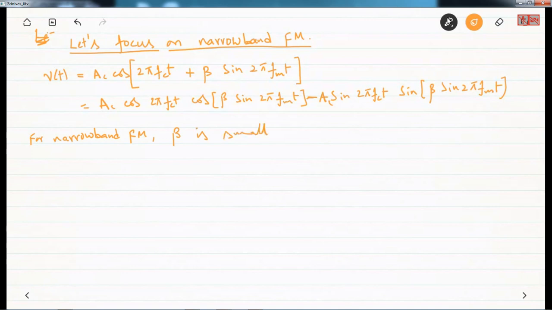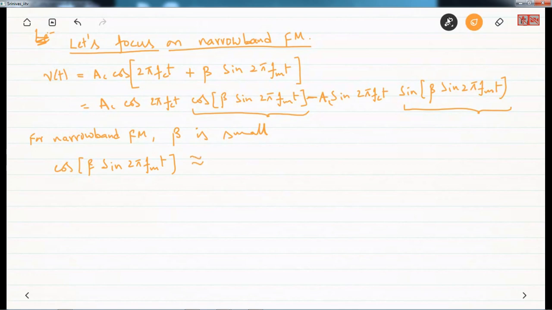When beta is small, we focus on these two terms containing beta: cos of beta sine 2 pi fm t and sine of beta sine 2 pi fm t.